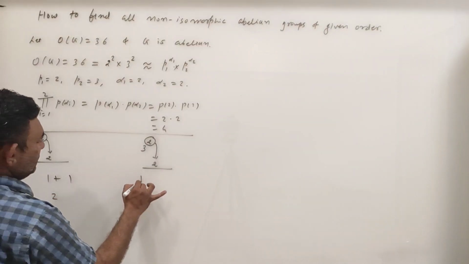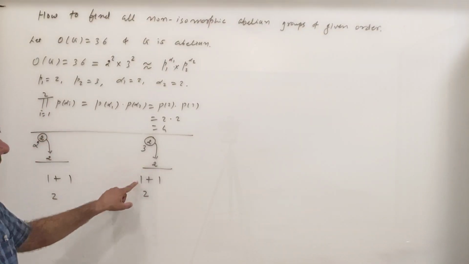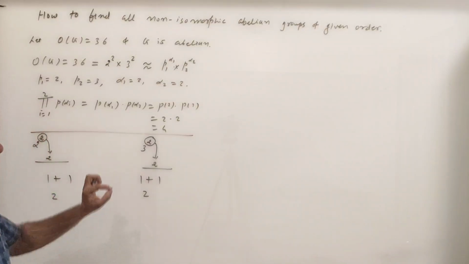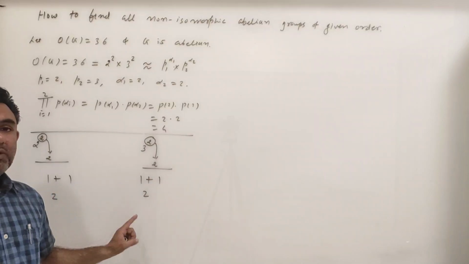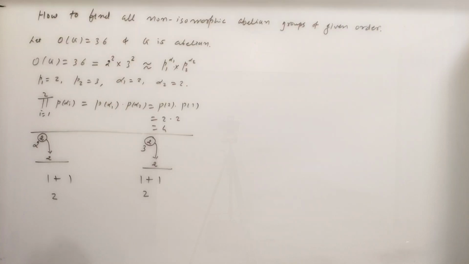Here partition of 2 is 1 plus 1 and 2. Suppose here I have 3, then I will write the partition of 3: 1 plus 1 plus 1, 1 plus 2 and 3. Suppose here I have 4, then I will write the partition of 4: 1 plus 1 plus 1 plus 1, 1 plus 1 plus 2, 1 plus 3, 4 and 2 plus 2. But here I have 2 and 2, so you just write down the partition.